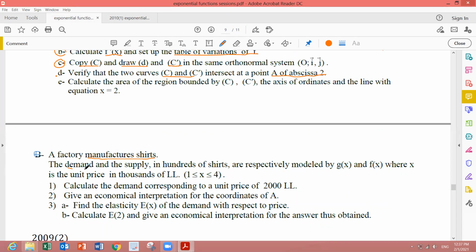The demand and the supply in hundreds of shirts are respectively given by G(x) and F(x), where x is the unit price in thousands of Lebanese lira, and x is between 1 and 4. G is the demand, and F is the supply.